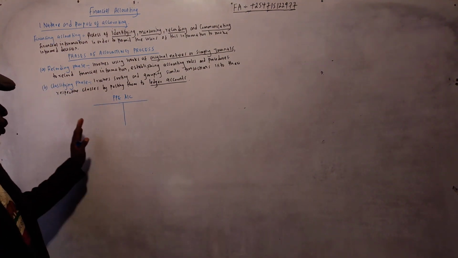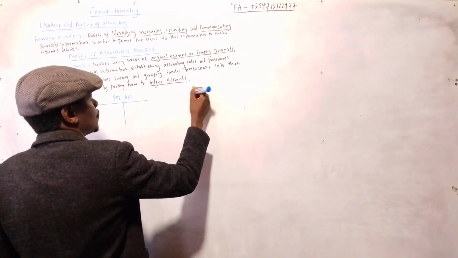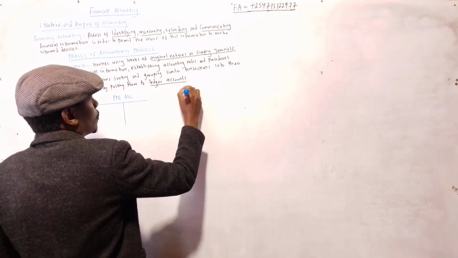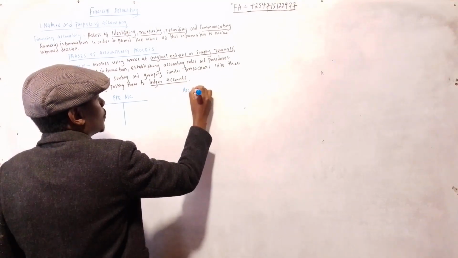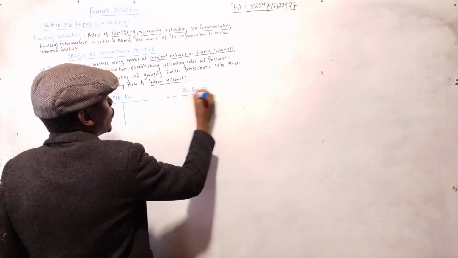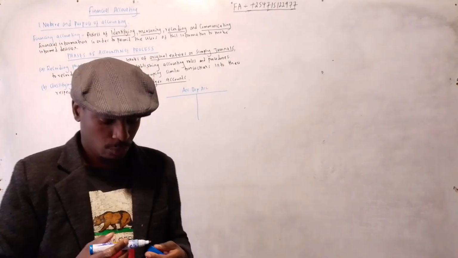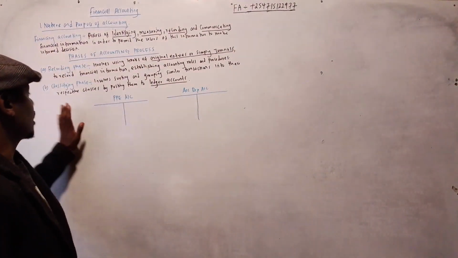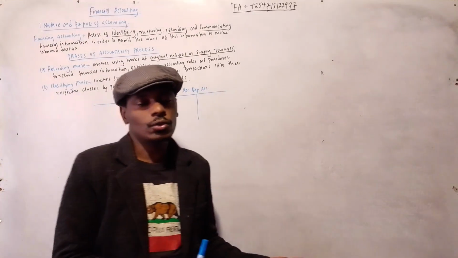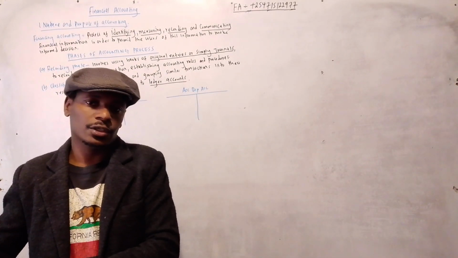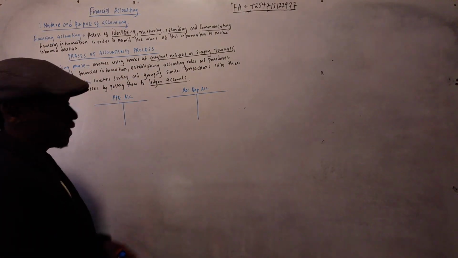Then all the information concerning, for example, the accumulated depreciation account can be sorted together in one account. So that's what we call classifying. We classify each transaction according to where it belongs, according to its group. So that is number 2.